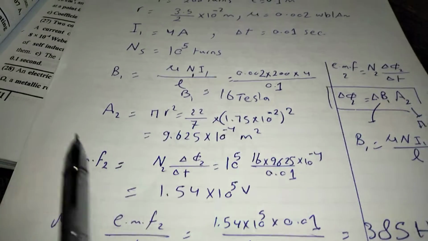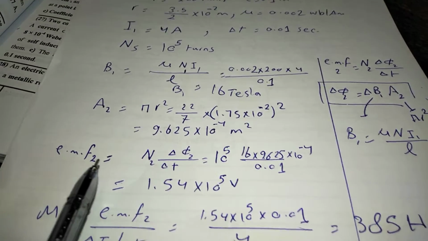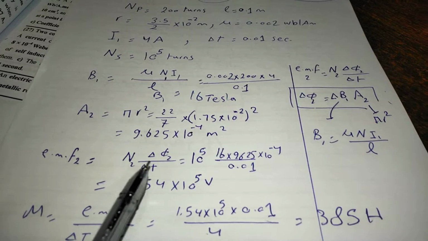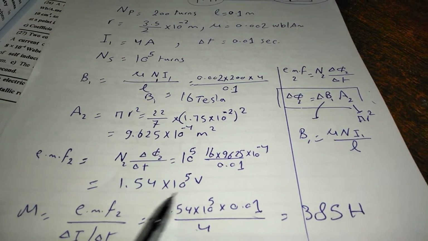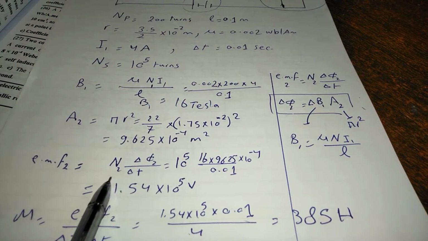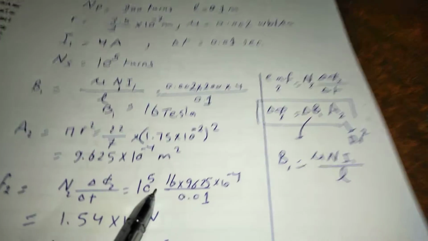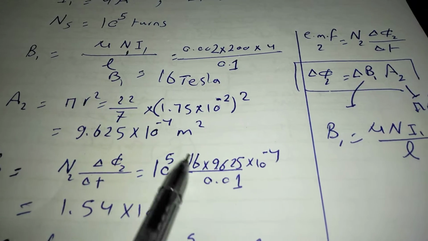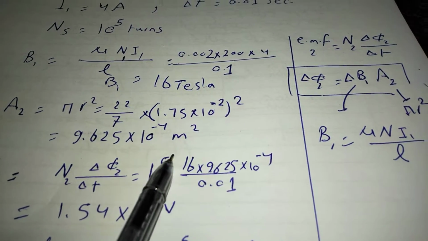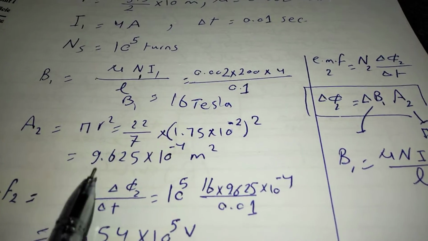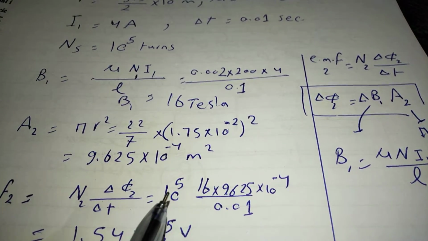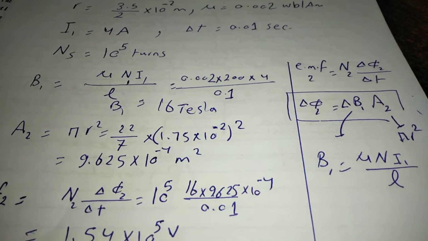And we have to substitute here in the relation to get a very high induced electromotive force. This is because of the very large number of turns that interact with the collapsing field of the primary coil.